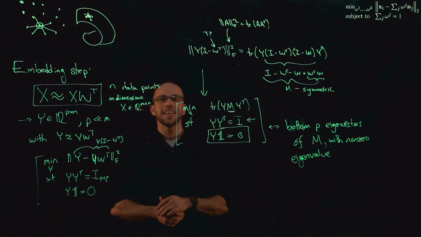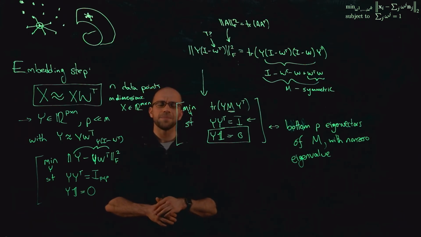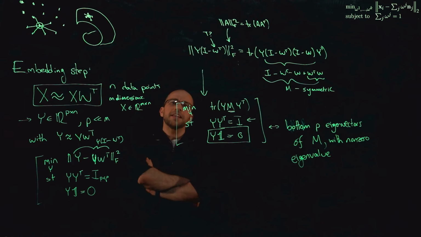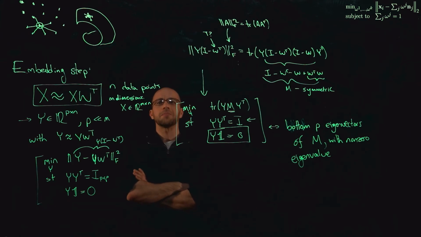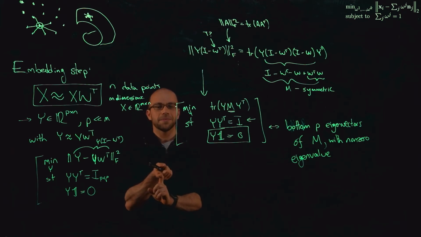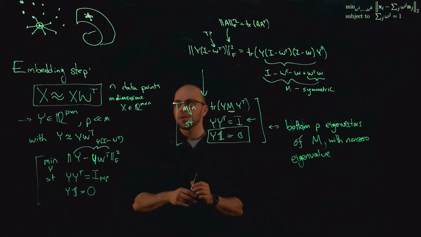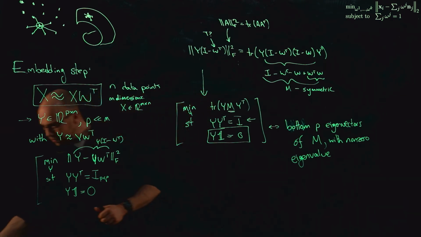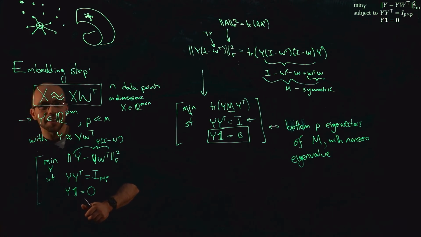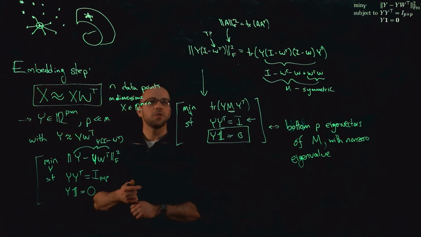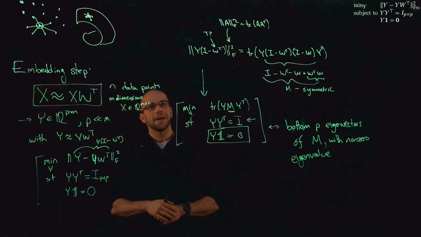So at the end of the day, the LLE algorithm takes a little bit of math to derive, but it's really not so difficult to implement, right? It takes place in a few steps. The first one is to compute the k-nearest neighbor graph. The second one is to compute the weight matrix W. And the third one is to reconstruct your data by solving this optimization problem.